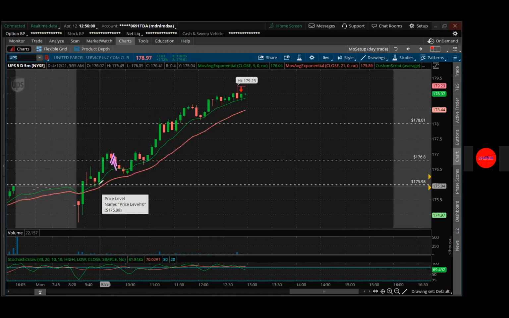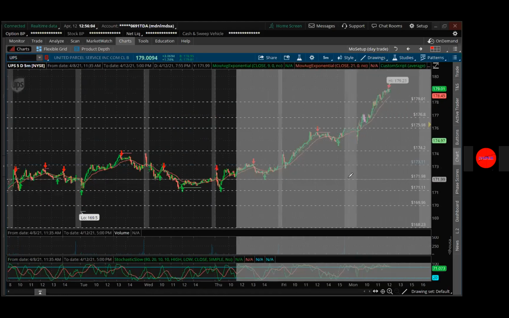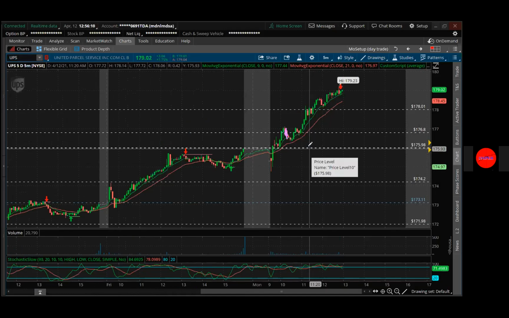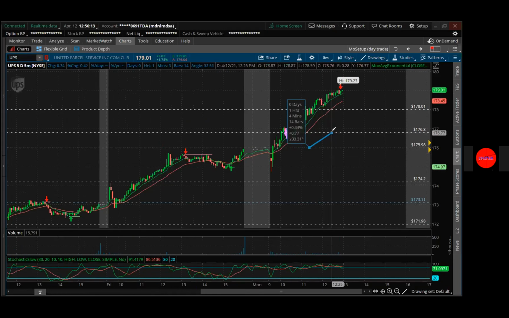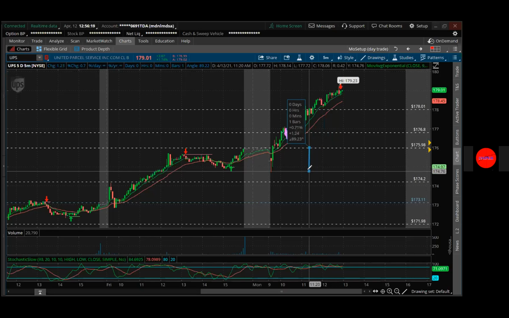The bad thing is I didn't manage my size, right? I just went in with a nice number of contracts, and risk to reward wise, it was pretty nice because I was going to have my stop loss right here, and that would have been a 75-cent move. But my first profit target was $1.15 away, and it would probably be this pre-market low, and that's like $1.30.